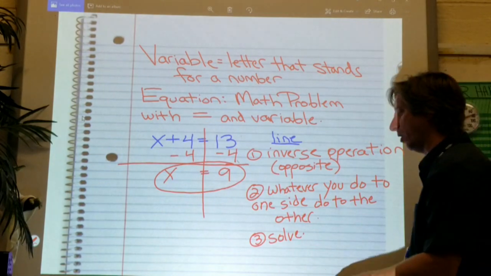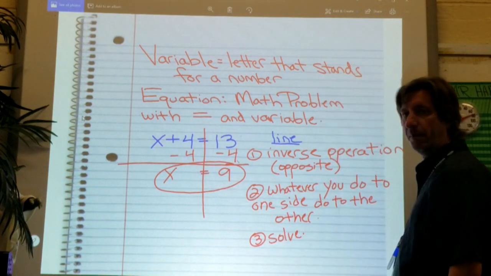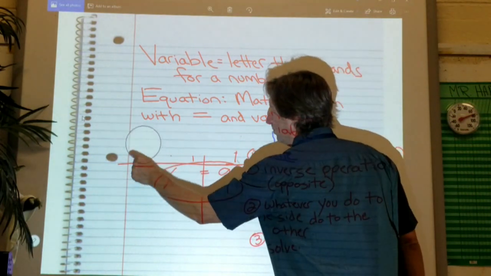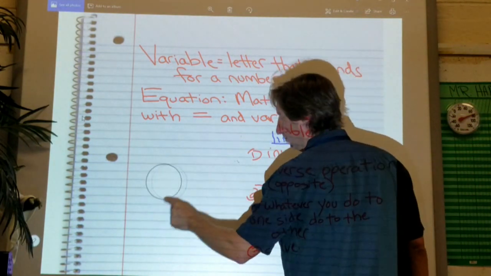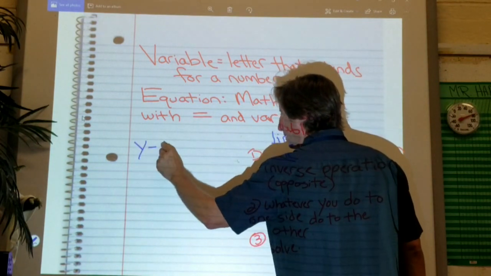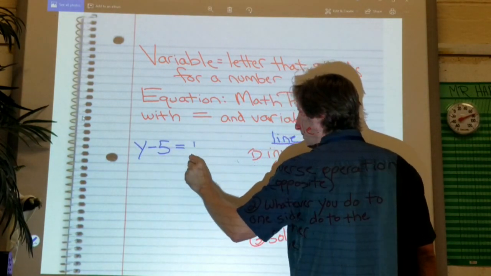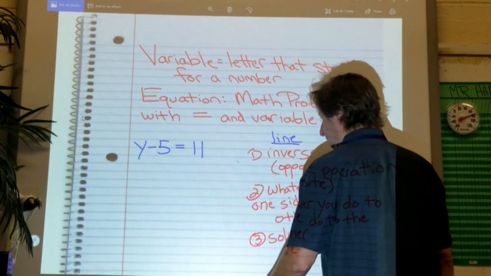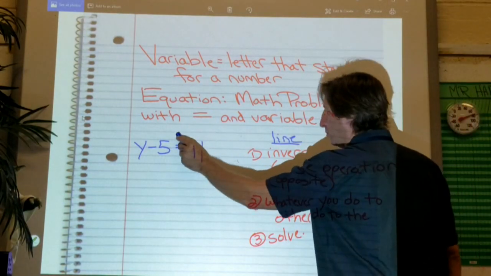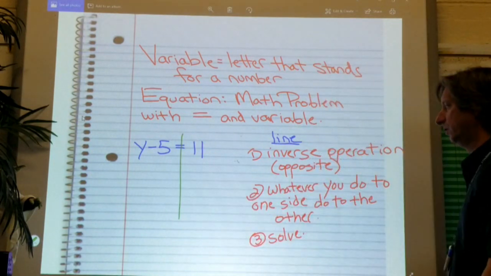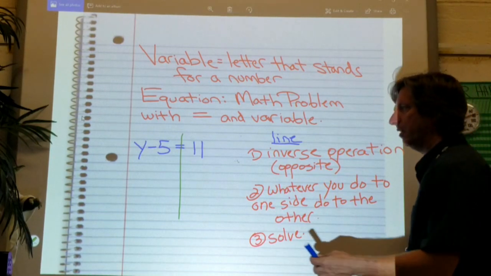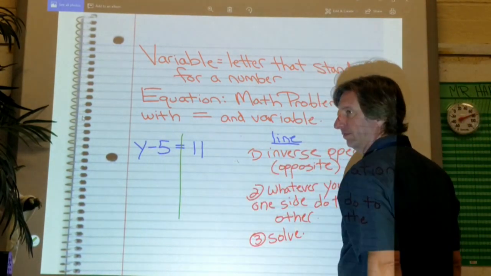Okay, let's look at another one. You may need to pause it and write that down. Y minus 5 equals 11. Just look right here, it tells you how to do it. Do our line. Line always goes through the equal sign. Inverse operation. What's the inverse of minus 5?